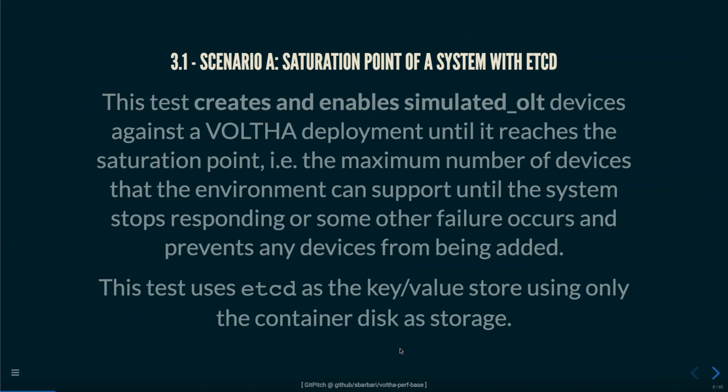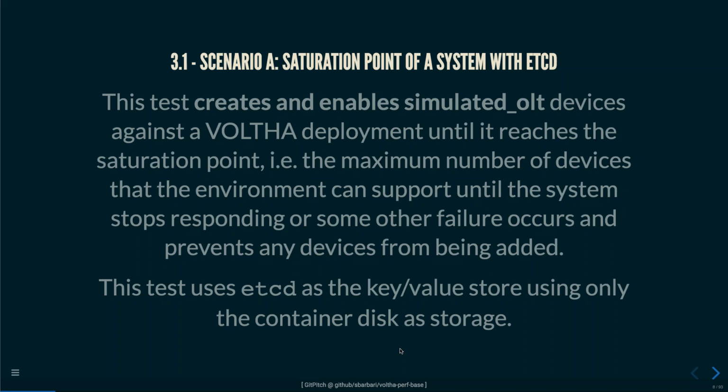So the first scenario, which was executed on the system, was a scenario to determine the saturation point. The saturation point meaning how many devices can be created on the system before it starts misbehaving, before it starts failing, having less memory available or something.